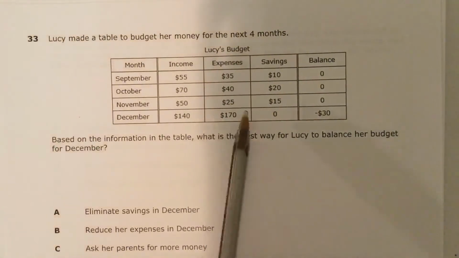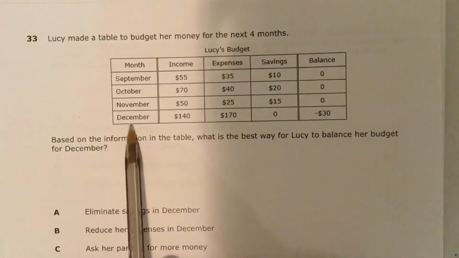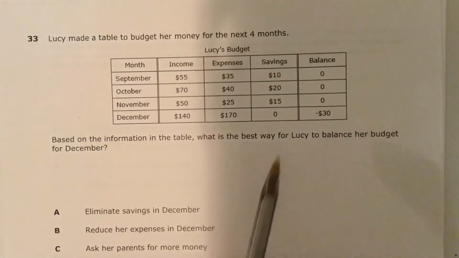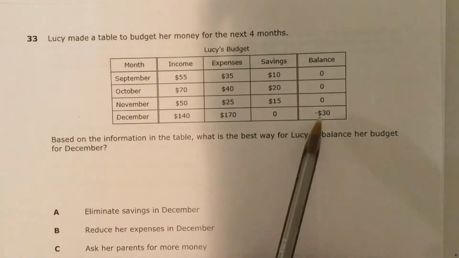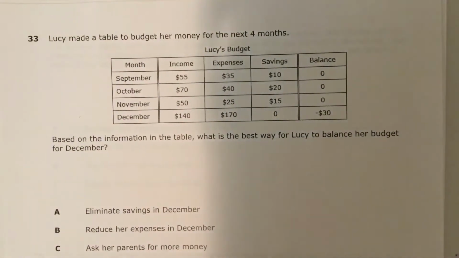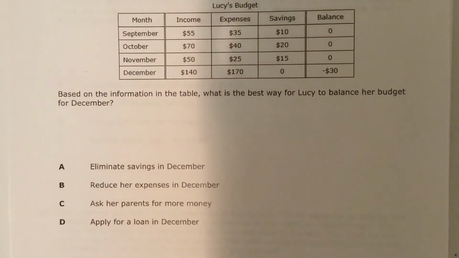November, 50 income, 25 for expenses, 15 for savings. December, her income's 140, but her expenses are 170. She's going to save nothing, and she's down to a negative 30 in her account. So, based on the information in the table, what's the best way for Lucy to balance her budget?